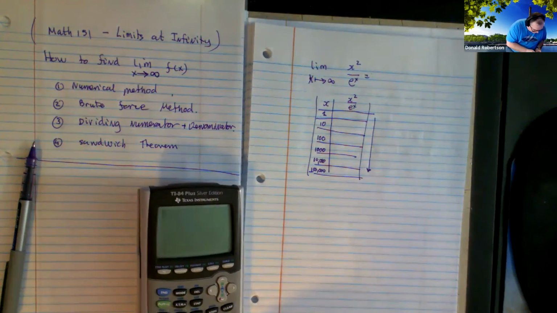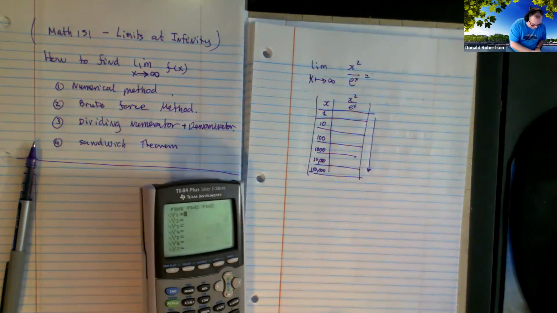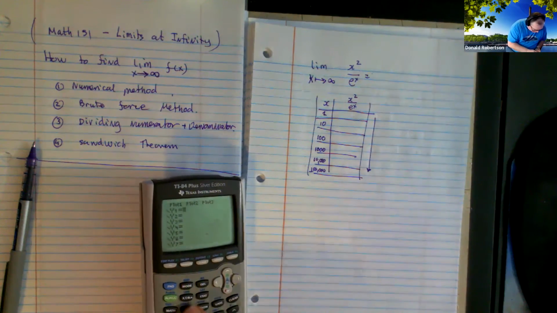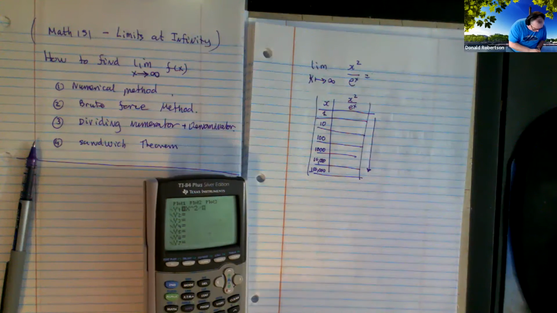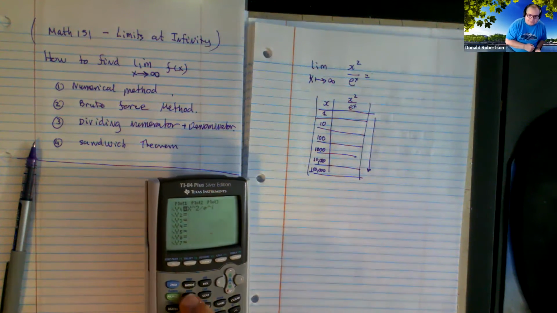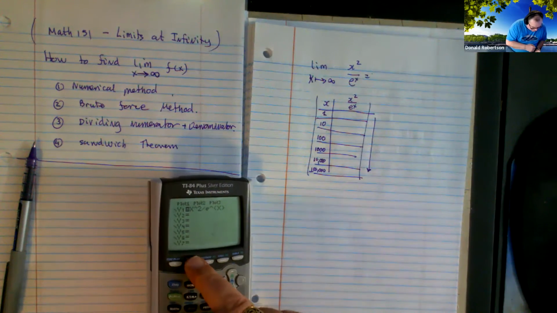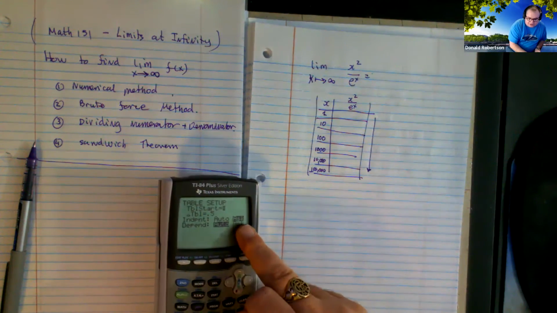So I'm going to do the table trick. I hit y equals, and I'm going to put x squared divided by e to the power of x. And then I'm going to go second, table setup, and just make sure that the one that says Ask is highlighted.